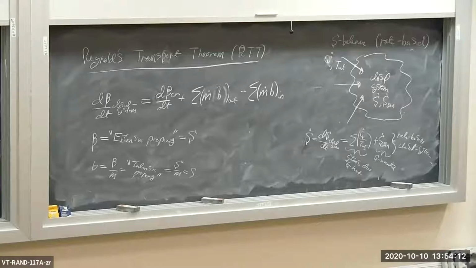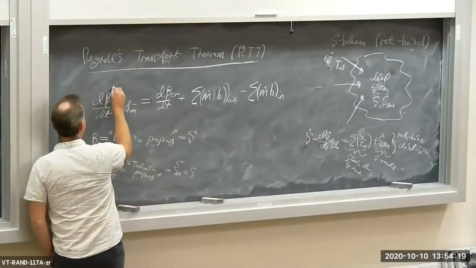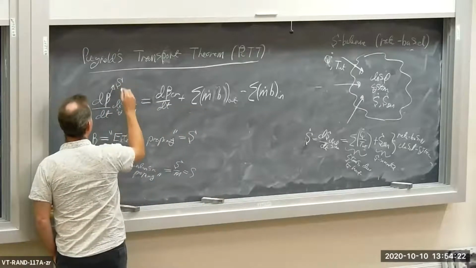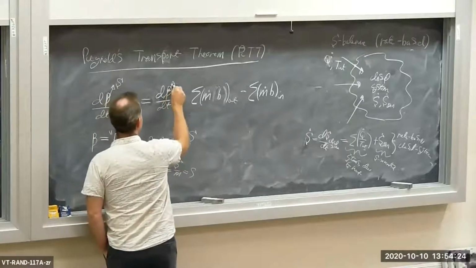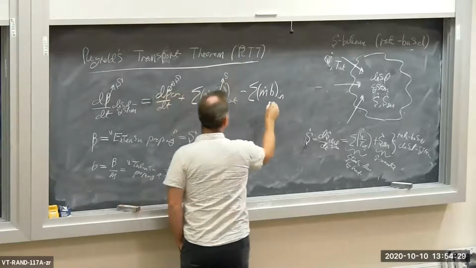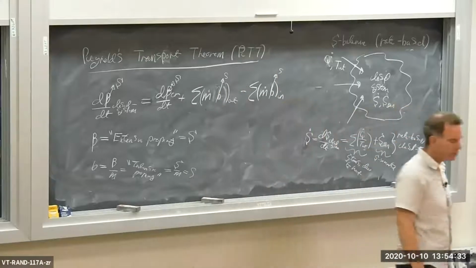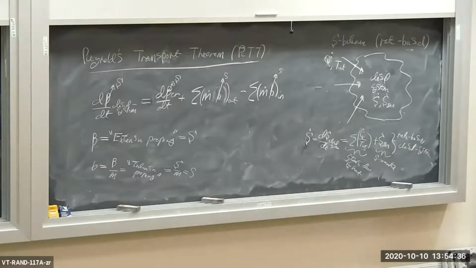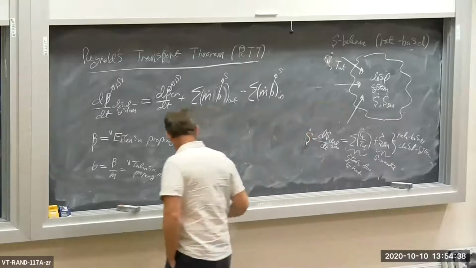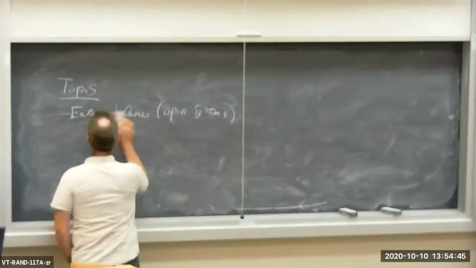We did all this stuff in the first couple of weeks of class, okay? So my beta now is going to be equal to S. And my lowercase b is specific entropy, or entropy per unit mass. And I end up with the closed system, open system entropy balance.